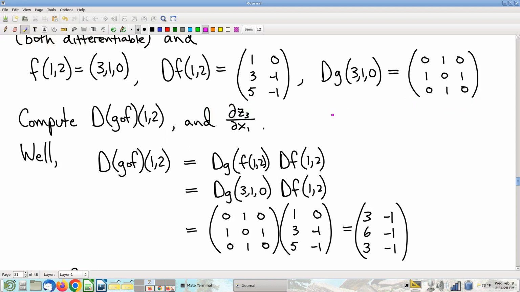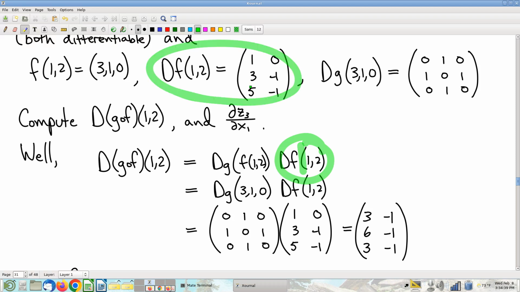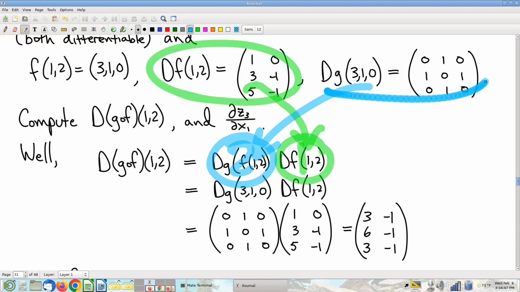So notice in this case, the one that applies first, namely the one that's on the right, happened to be given on the left. And the one that applies second, namely the one that should be on the left, was given on the right. So there's a little switcheroo in terms of the order that's necessary in this application.